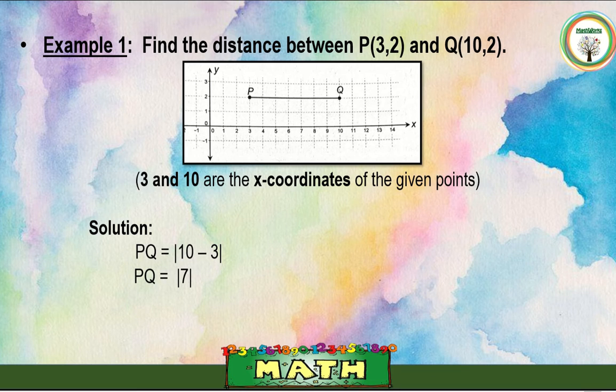PQ is equal to the absolute value of 7. So again, when we say absolute value, it is always positive, the positive value of a certain number. Therefore, the distance between PQ is equal to 7 units.